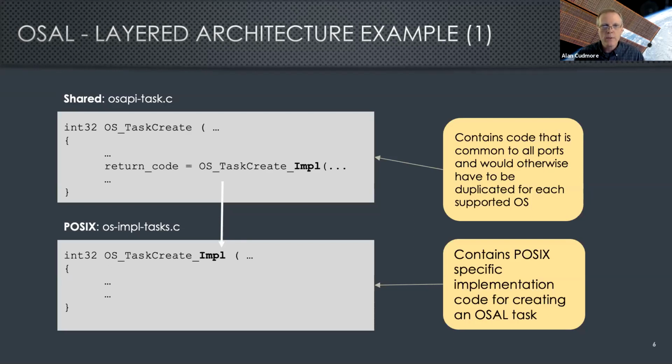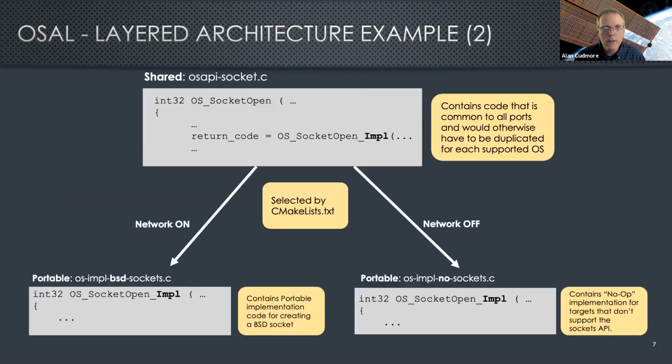That's the OS specific implementation for that API. In this example, the implementation module is for the POSIX port. The advantage here is that the OS task create impl function only contains what's needed for the POSIX port with no unnecessary code duplication. Next slide, please.